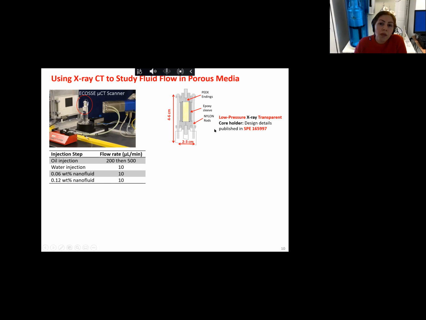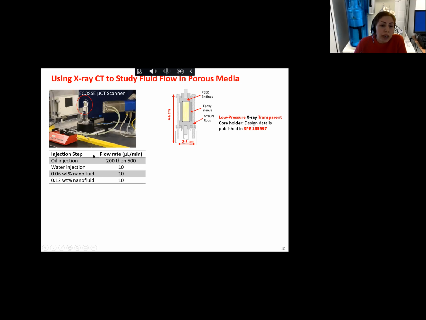So we put that core holder on the rotary table of the X-ray machine, and we had a pump injecting fluids, producing fluids, in a specific sequence. And at the end of each injection step, we had a 3D scan of the cell.